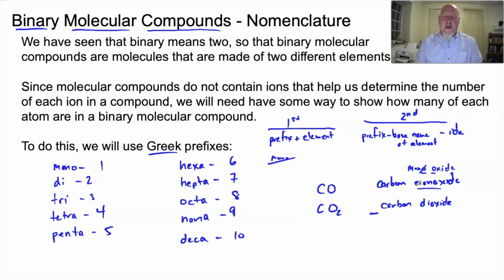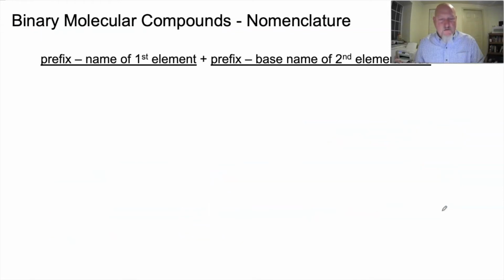If it's an I, like di or tri, we keep it, right? Dioxide. It's just the O or A together with the O in front of the oxide, which gives us a weird vowel combination that sounds weird if we say it. So there's our way we name them.